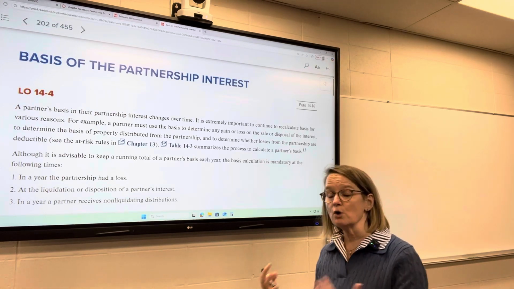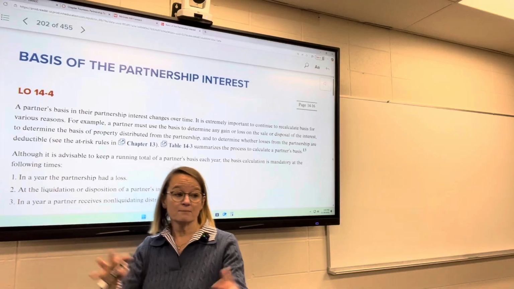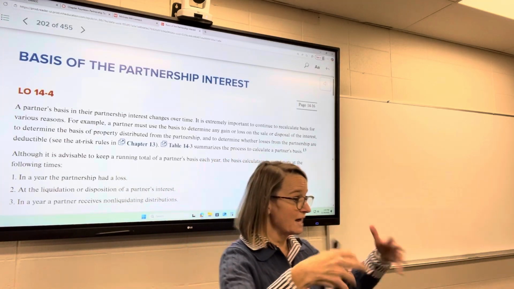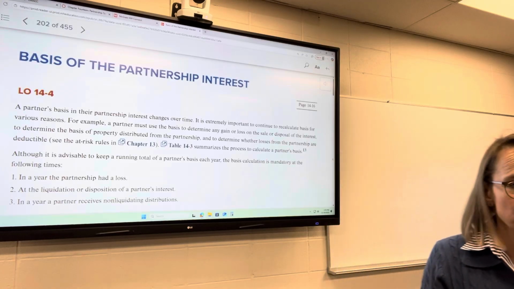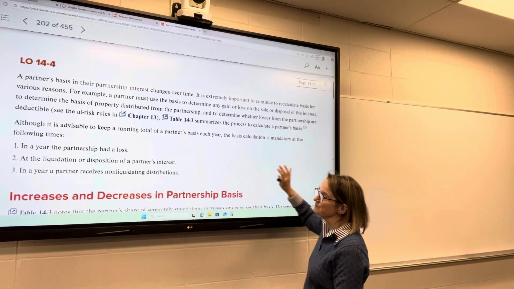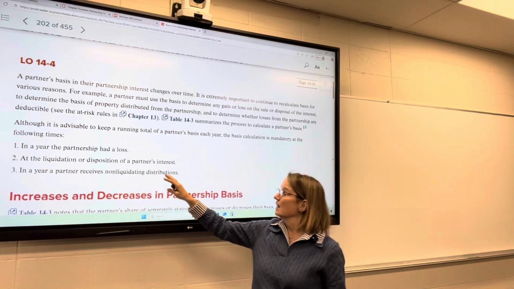So if they don't have any basis in the partnership and the partnership experiences a loss, the partner is not going to get to take advantage of that loss until such time as they have basis in the partnership. So if the partnership has a loss, we need to know what that basis is to determine whether or not we can take that loss.